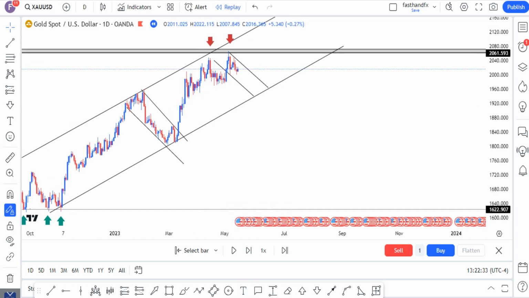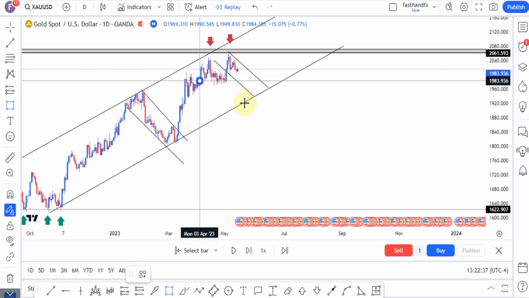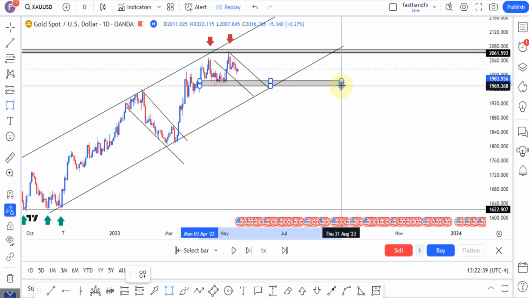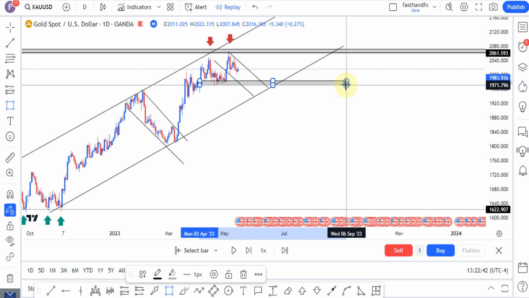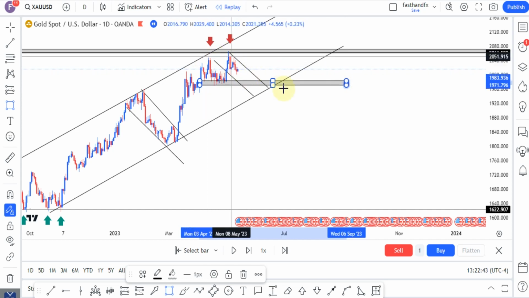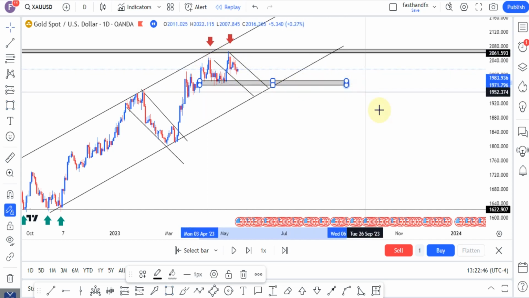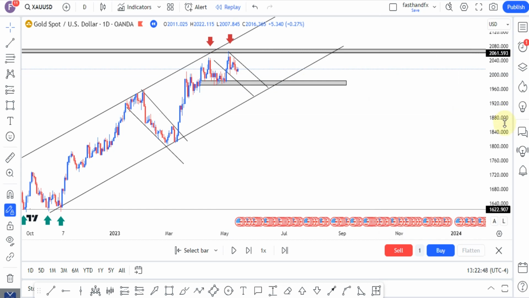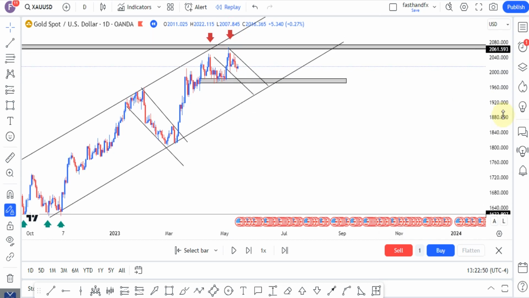So as you can see, we have this level down here in the daily. We have that level there. Then we have this one. So these are areas that you shouldn't ignore.